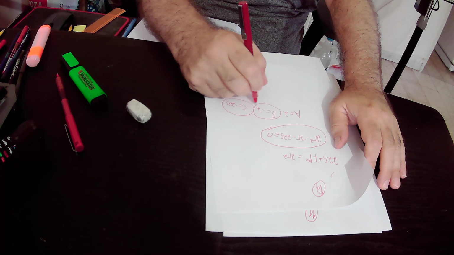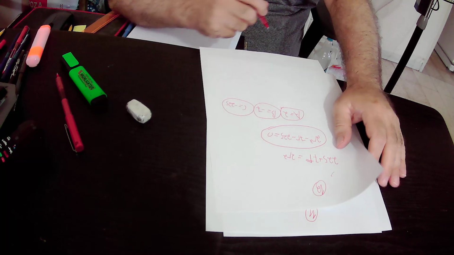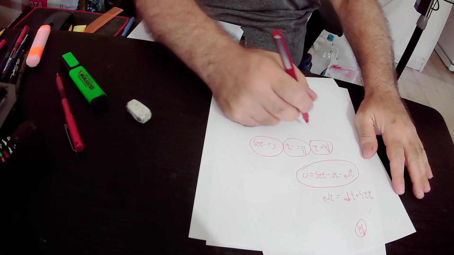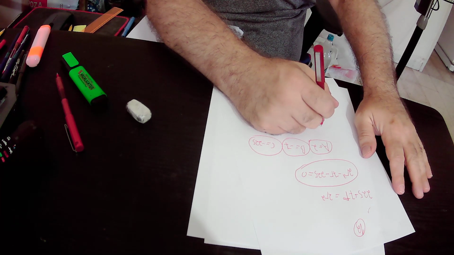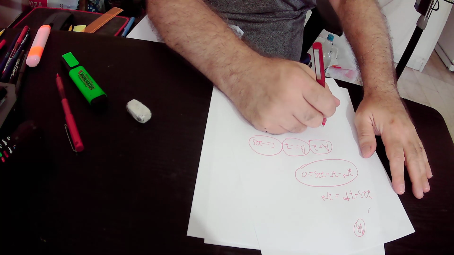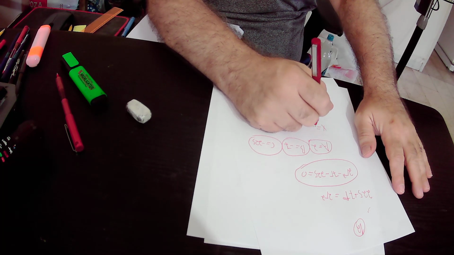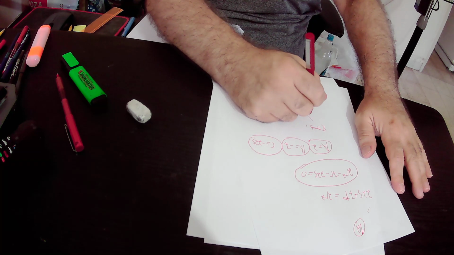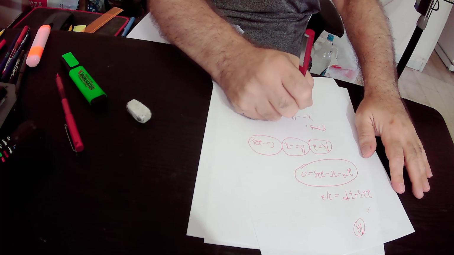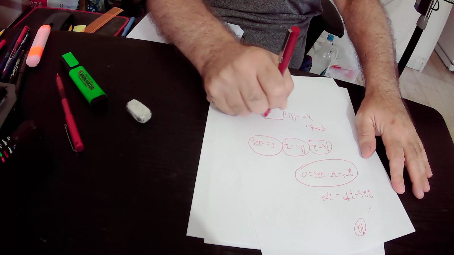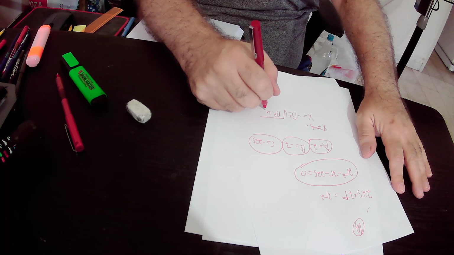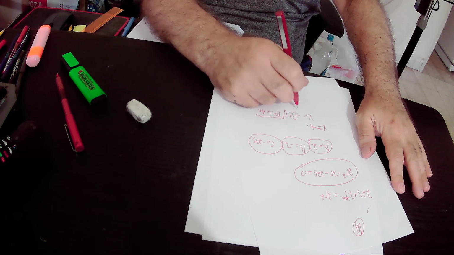Okay, and we have the general solution for any quadratic equation that states that x equals minus b plus minus root of b square minus 4 times a times c over 2 times a.